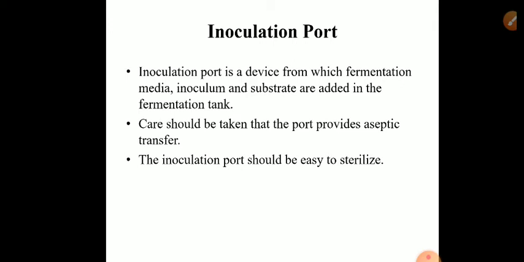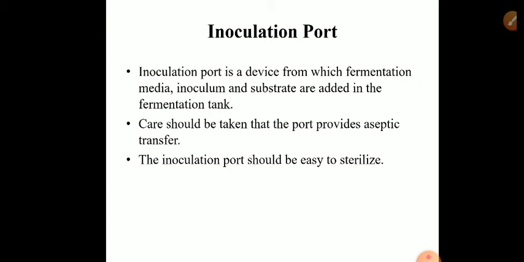Now let us discuss the inoculation port. What is an inoculation port? It is a device from which inoculum or microorganism is added into the fermentation tank. What we have to take care of is that the inoculation port should always be sterile.